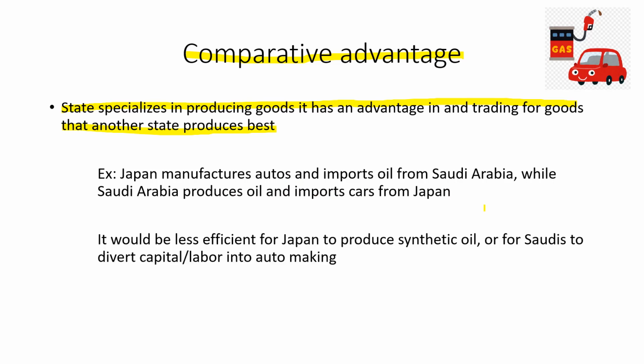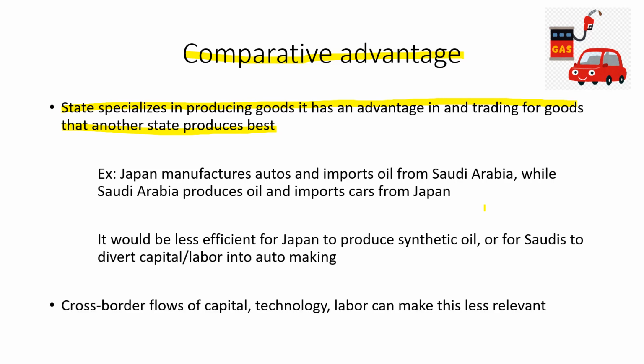Therefore, it would be less efficient for Japan to produce synthetic oil or for the Saudis to divert the capital and the labor that they have in the oil industry into automaking. They could do that. It would take quite a bit of effort, particularly government direction, and it still might not succeed. So that's why comparative advantage is still a logical goal in the global trading system.